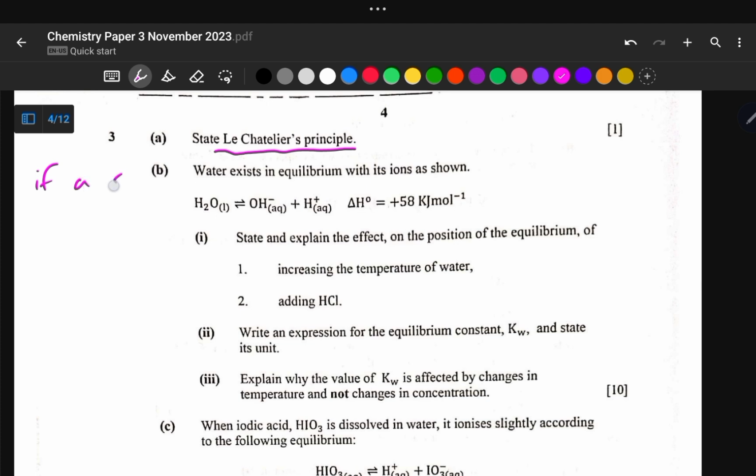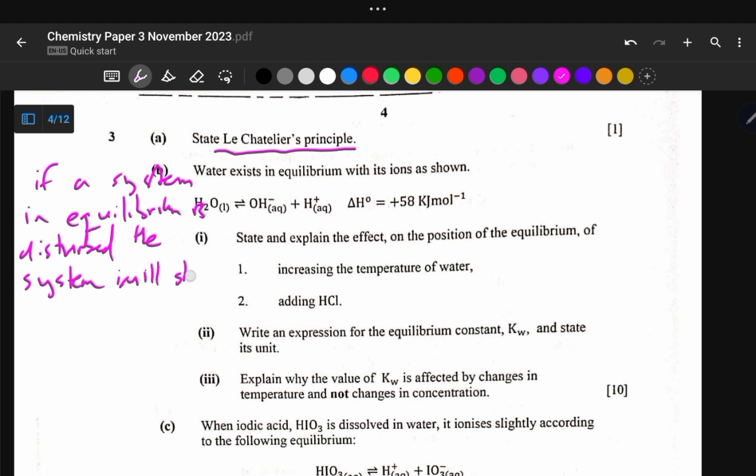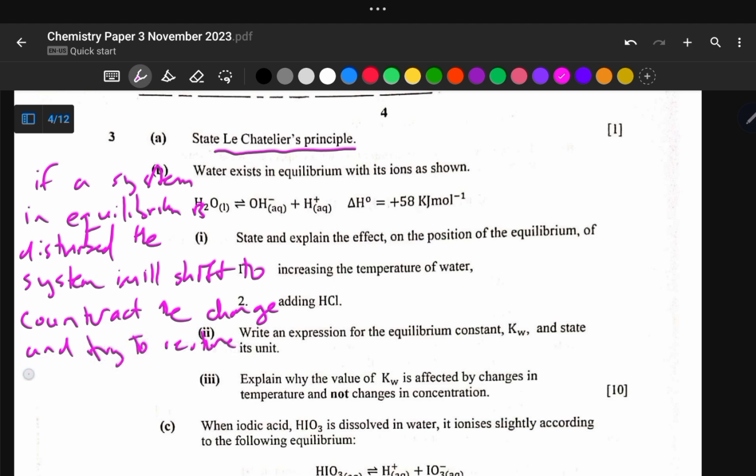So if a system in equilibrium is disturbed, the equilibrium position will shift to oppose or to counteract the change and try to restore a new equilibrium, right?